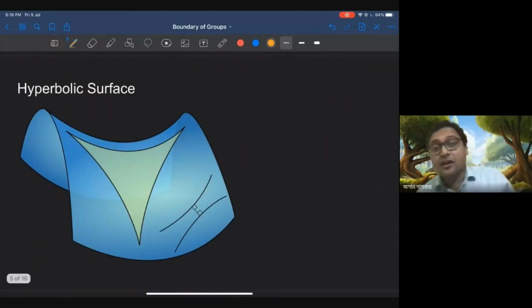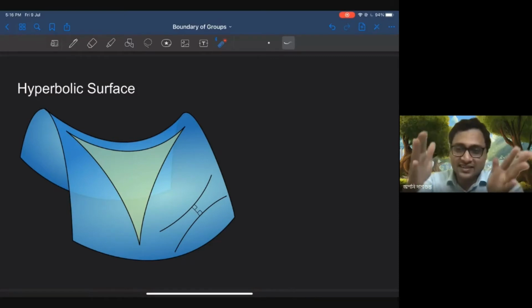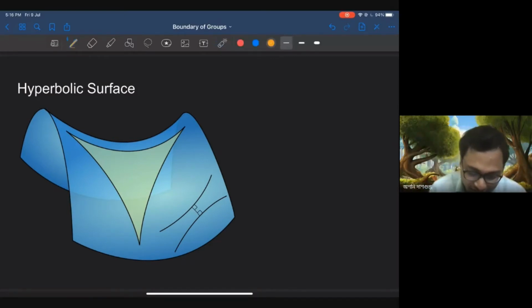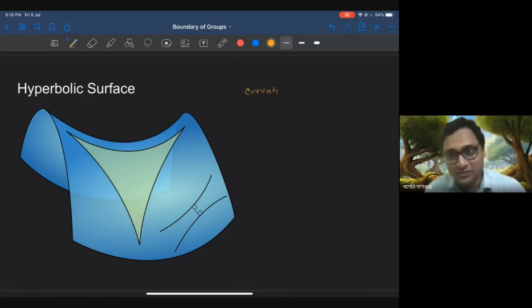And we have, on the other hand, surfaces which are thin. They are known as hyperbolic surfaces. You can think of it as a carpet floating in the air, but the carpet is kind of curved like this. So there is a notion of curvature. Hyperbolic paraboloid. Yeah, of course, that's a very nice example.